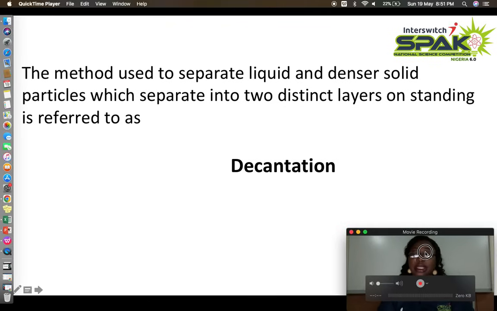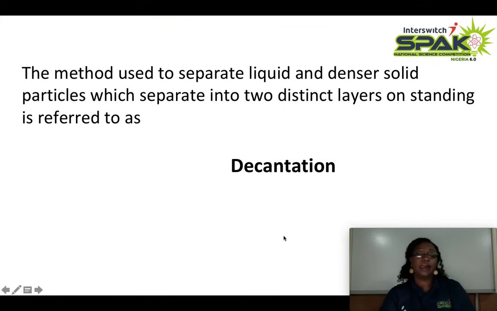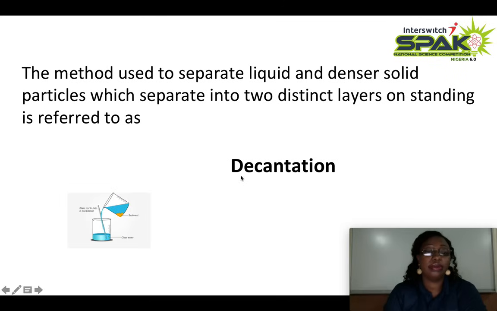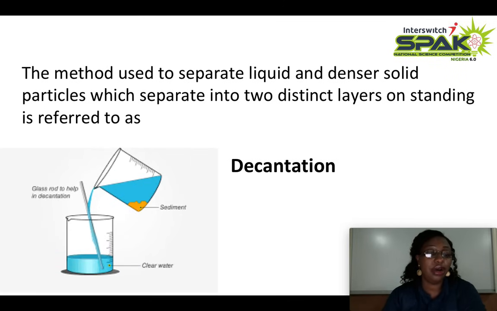Okay, let's look at it. This is how decantation takes place. The denser one stays at the base of the beaker, while the lighter one is being decanted.